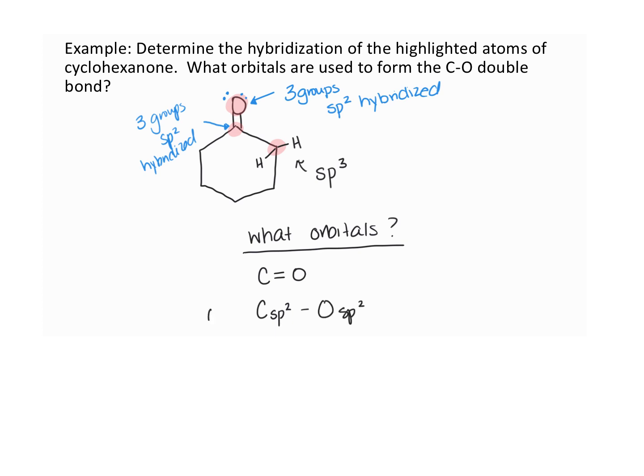But we need to know that there is going to be a sigma bond, and then because it's a double bond, there's also going to be a pi bond, and that pi bond is going to come from the 2p orbital of the carbon and the overlap with the 2p orbital of the oxygen.